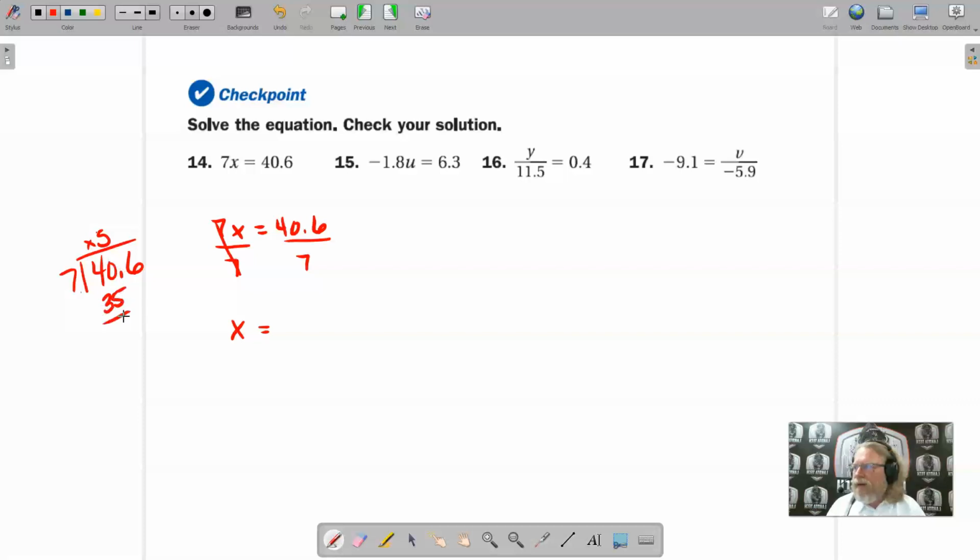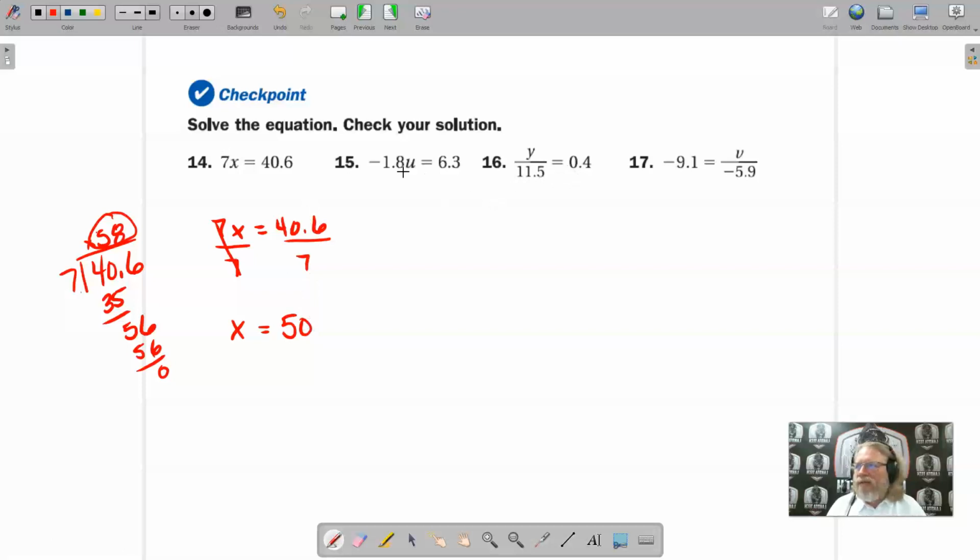And 40 minus 35 is 5. Let's bring down the 6. 7 times 8 is 56, so it'll go in 8 times. So we have our 56 there, and we're at 0. And finally, we see that 5.8 is our solution. And it should be positive because this is a positive divided by a positive. So same signs, works out that way.